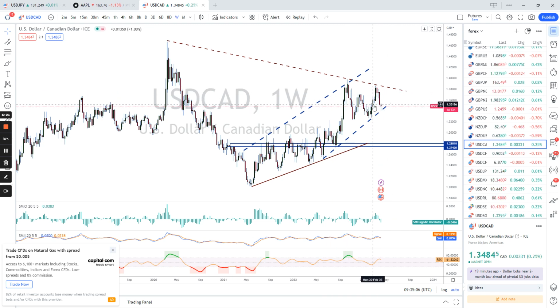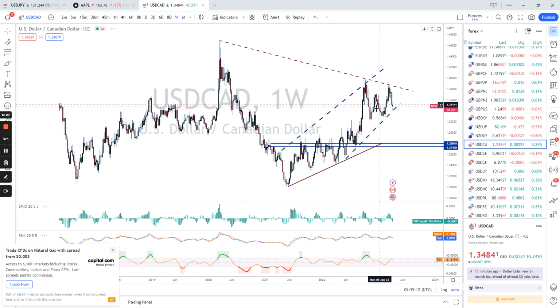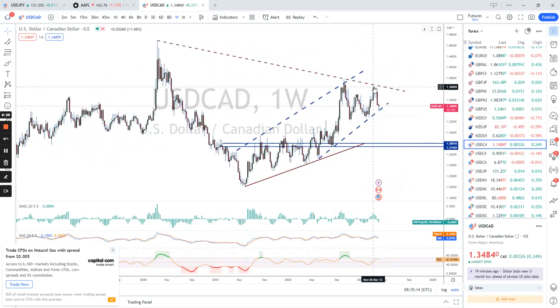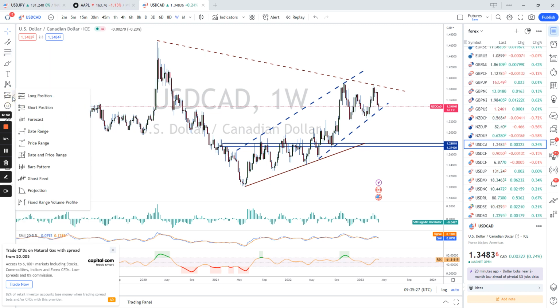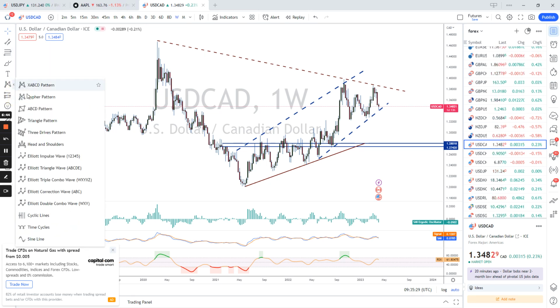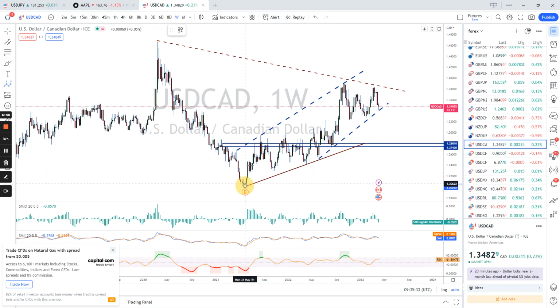We have a sideways triangle. I will mark this as a third wave to the upside, and a possible break above 1.38. Of course, it has to be confirmed in the future. Let's look at the counts.